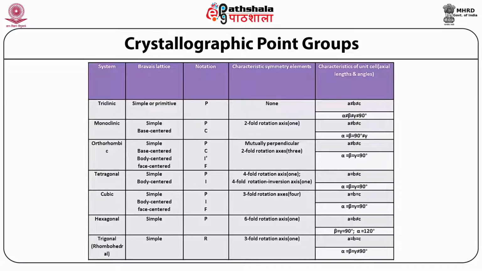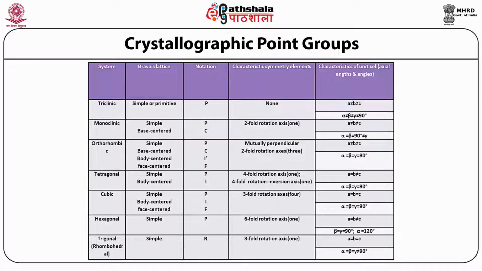For the characteristics of the unit cell, the axial lengths are a is not equal to b is not equal to c, whereas the axial angles alpha is equal to beta is equal to 90 degrees, but is not equal to gamma. Now the third system is orthorhombic.